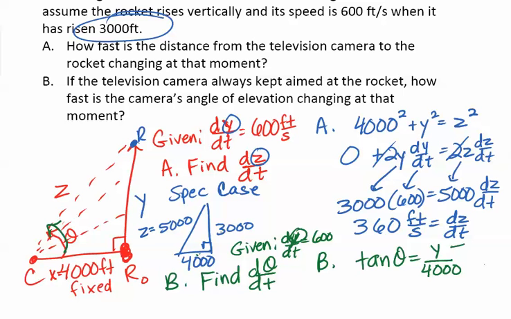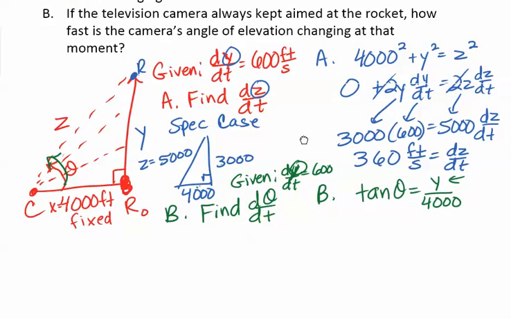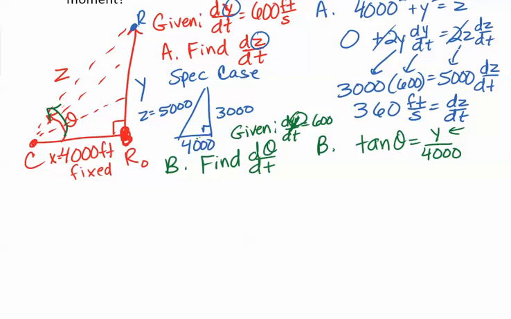So remember not to put 3,000 in there yet for y. Y is always changing, so you can't put in the specific case until you do the derivative. So make sure you have this as a variable. Our derivative then would be secant squared theta d theta/dt equals 1/4000th times dy/dt, since 1/4000th is the coefficient of y and the derivative of y is dy/dt.